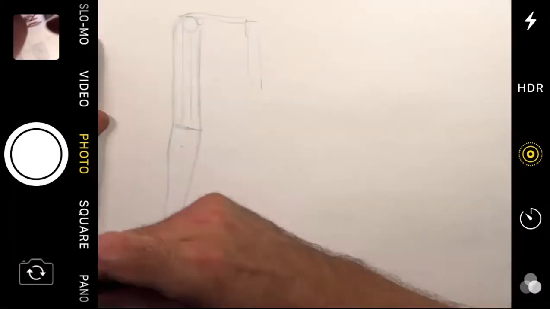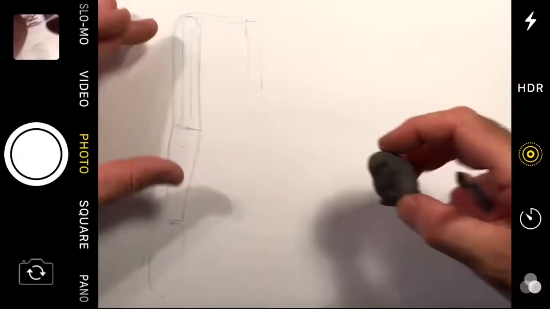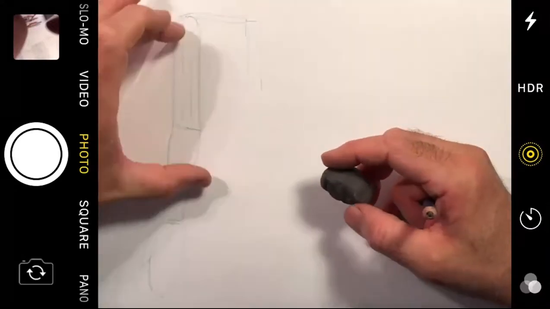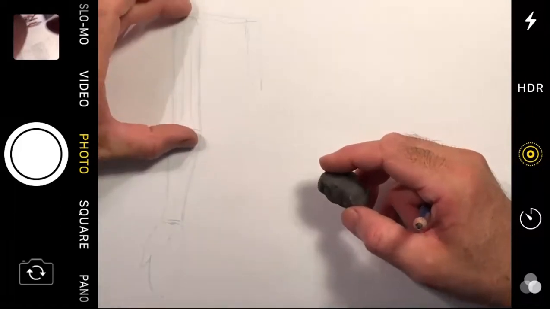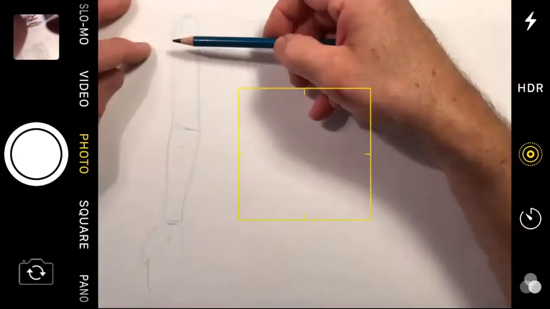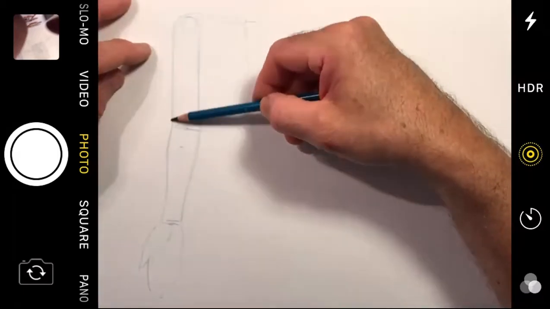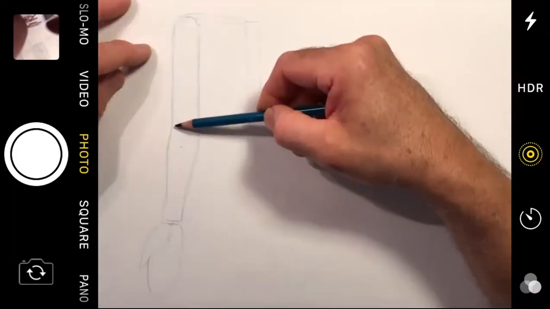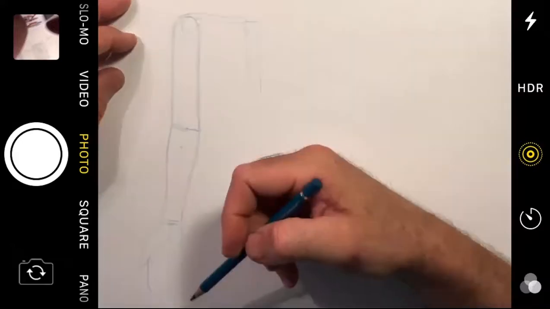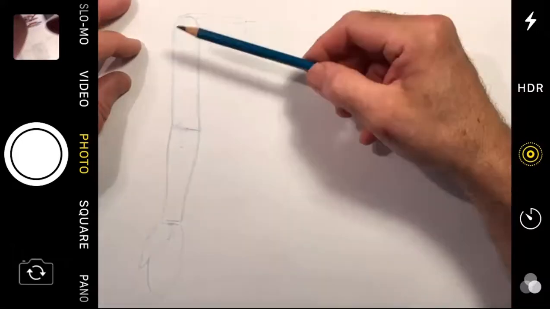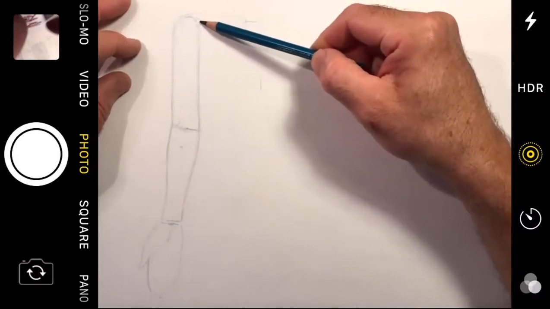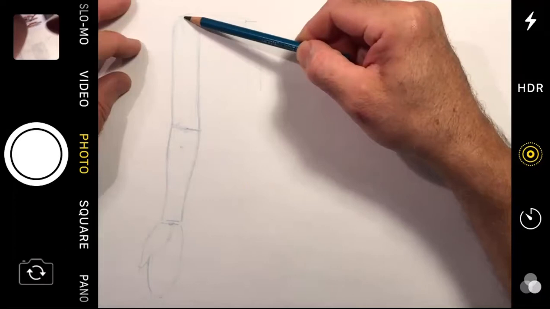So let's start with the bicep. For now I'm going to soften up the humerus because I used it to establish the length of the upper arm. I don't need it anymore. Now I have these cylindrical forms. The bicep goes from this point in here, meaning not at the center.